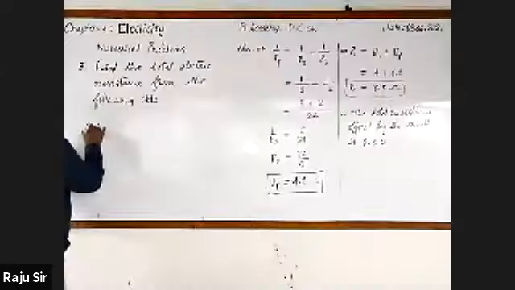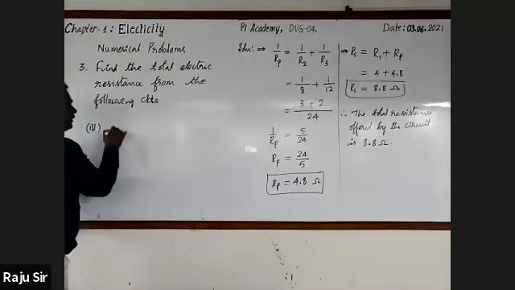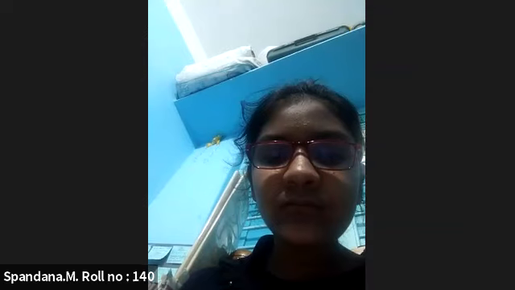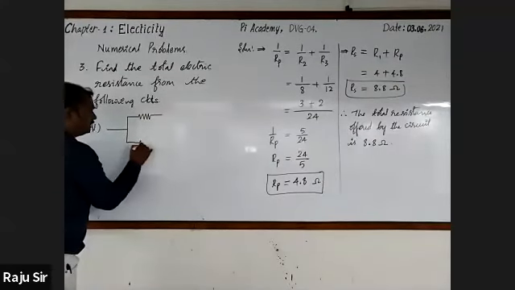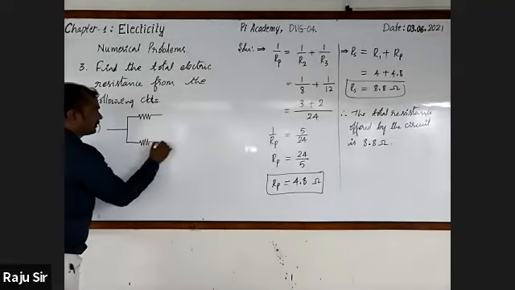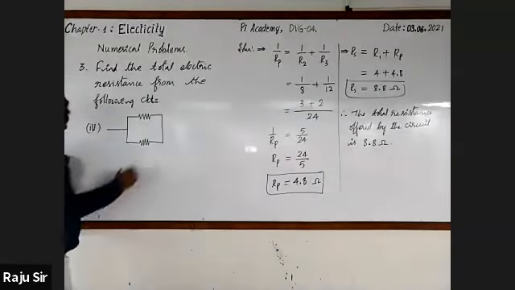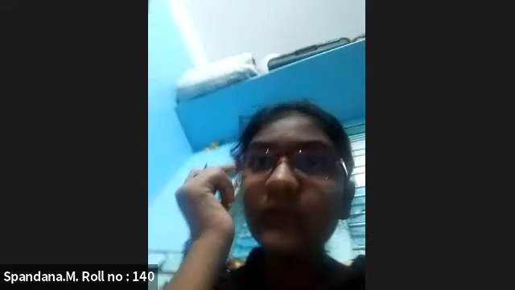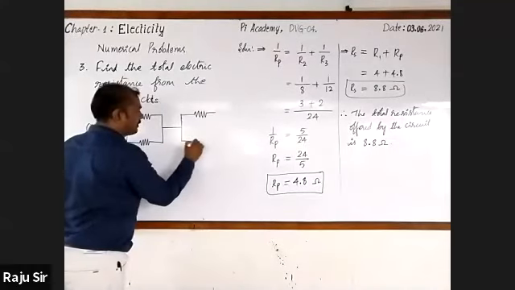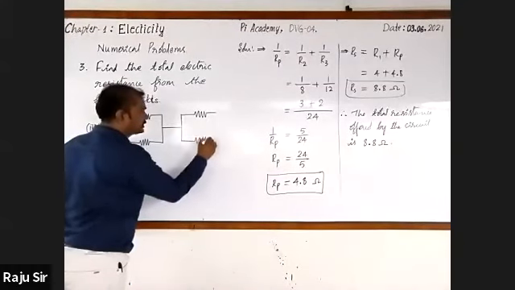The fourth one. This is the first resistor and the second resistor. Next, this is the third resistor and the fourth resistor.